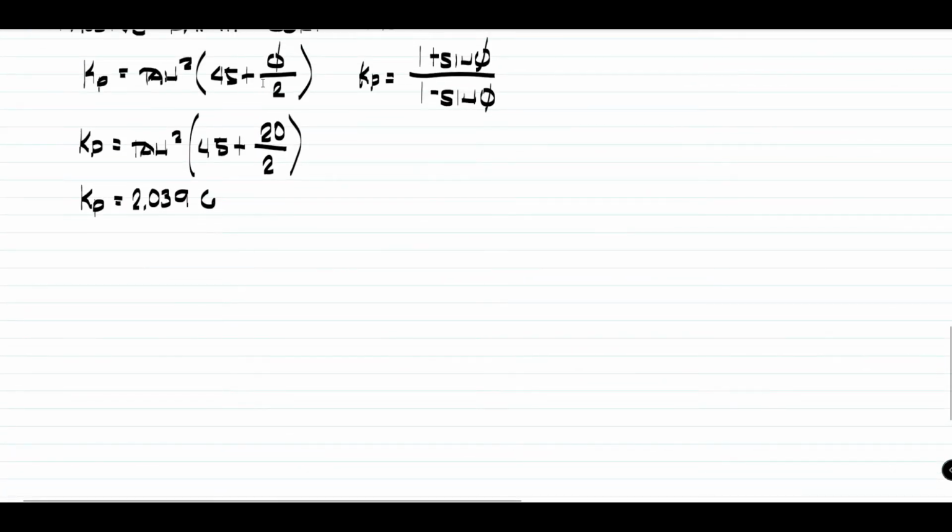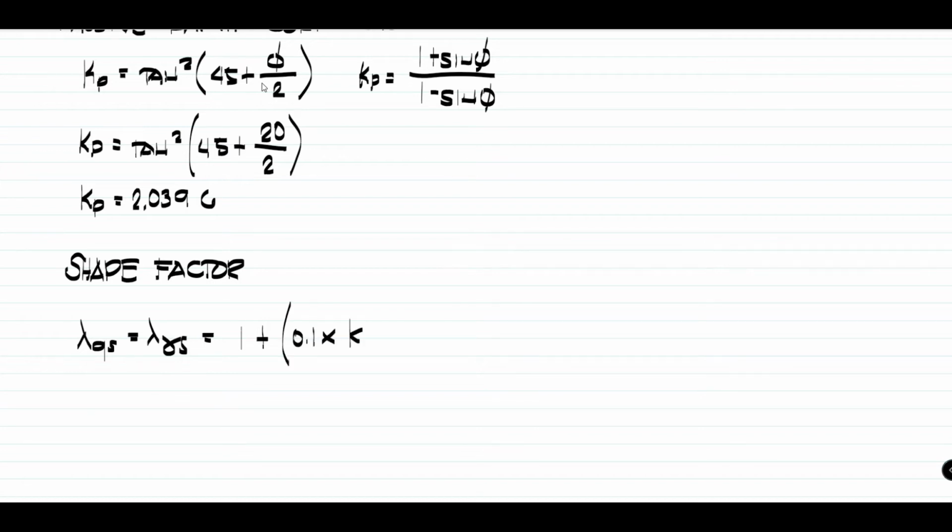So, yun nga, ang kukunin na lang natin will be lambda QS and lambda gamma S and also the lambda QD and the lambda gamma D. So, for the shape factor, we'll just have lambda QS is equal to lambda gamma S, which is equivalent to 1 plus 0.1 times Kp times B prime over the L prime.